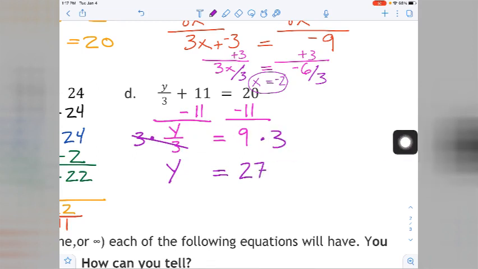So if you showed me these steps here, where you're multiplying by 3 and you showed me the inverse operation of division, then you got some higher level points for that part.